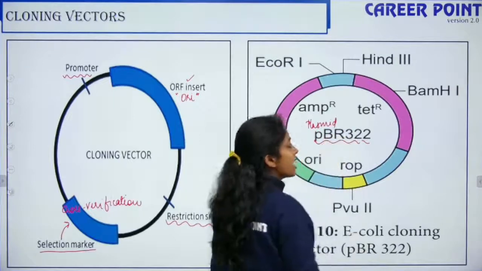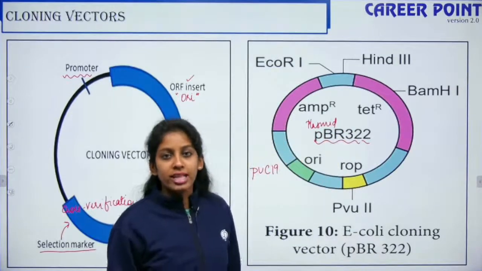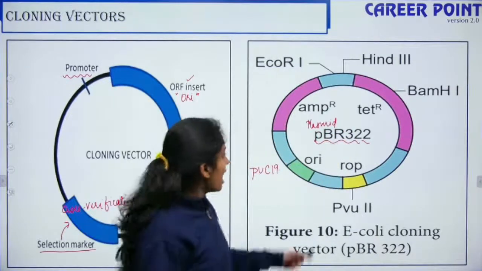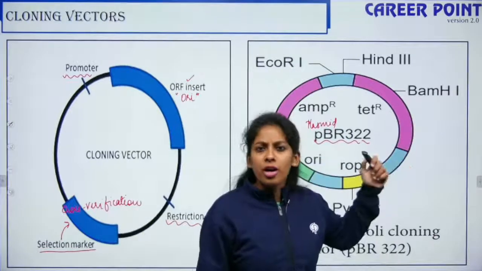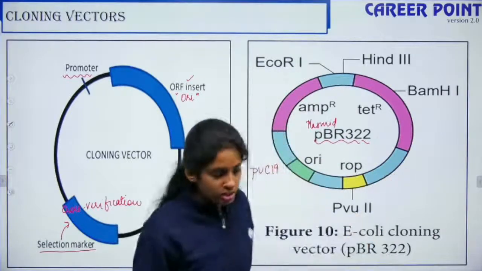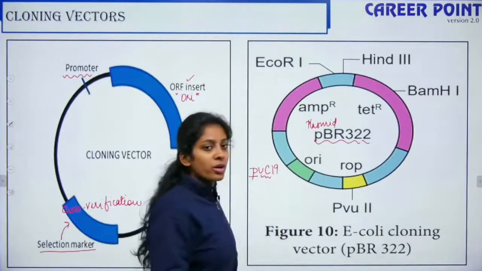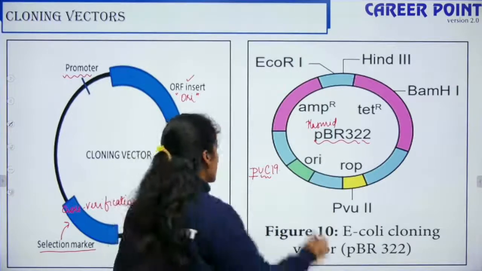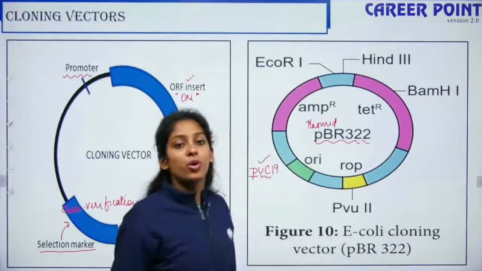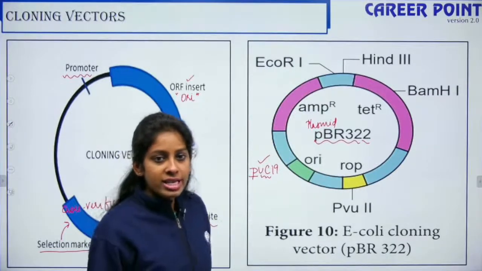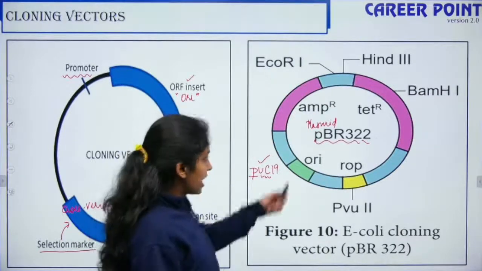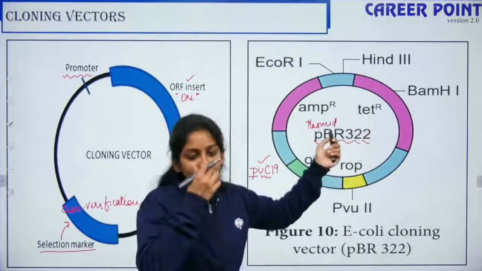B and R stand for the scientists who discovered them, Bolivar and Rodriguez, and 322 is the number according to them, whatever they wanted. Here P stands for plasmid, UC stands for University of California, because that was where this plasmid was constructed. Yes, so that is the name because they have artificially engineered it.